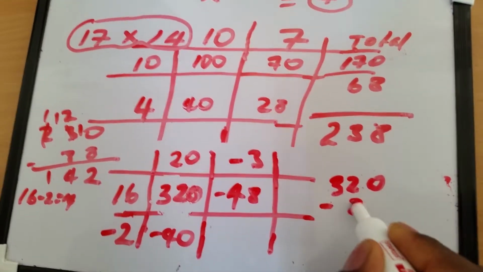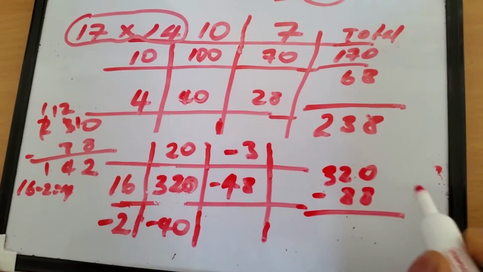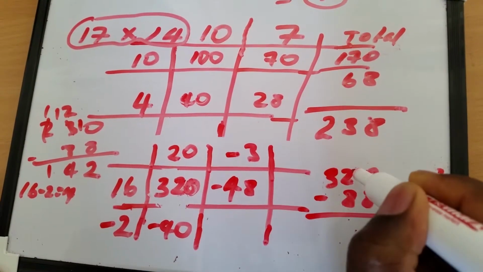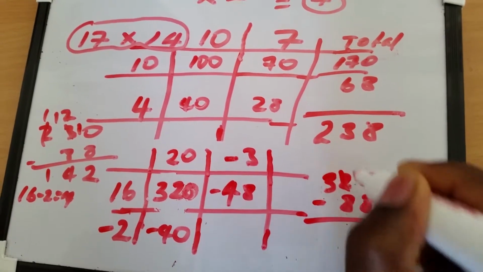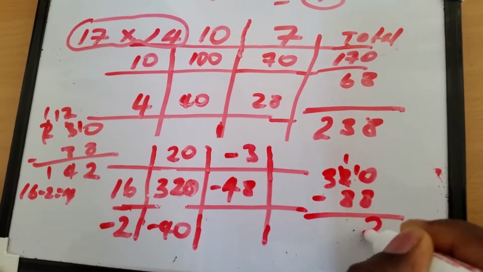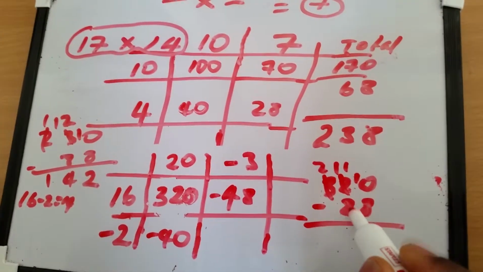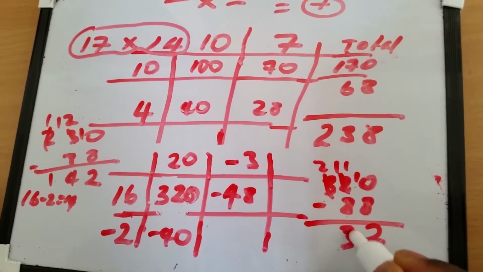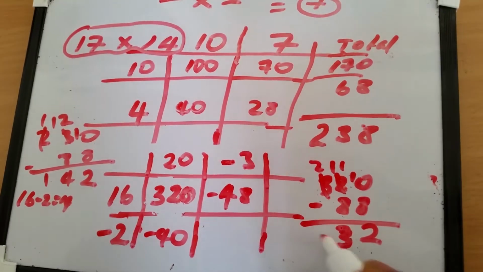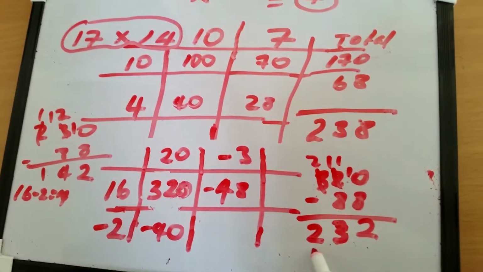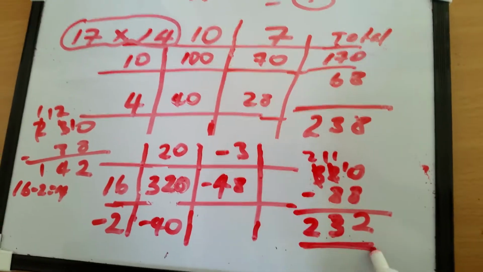minus 88. That's better. So 320 minus 88. So if I borrow the 1 from there, that is 2. And if I borrow the 1 from there, that's 11, so that's 3, and that is 2. So this answer is 232.